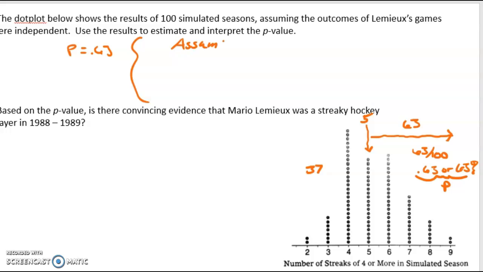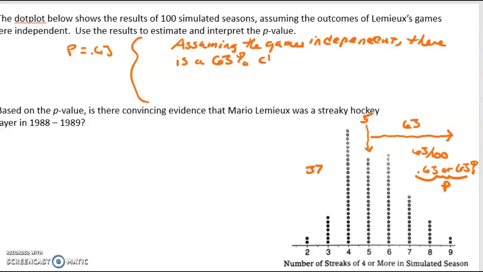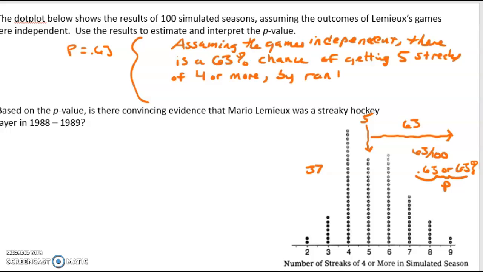Assuming the games are independent of each other, there is a, here comes the p-value, 63% chance of getting 5 streaks of 4 or more, or 4 plus, by random chance. Bam. Okay, so there's your interpretation.